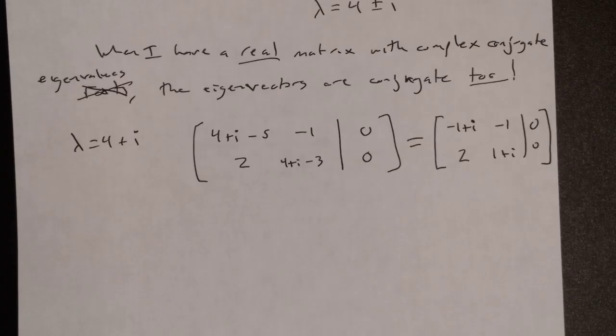This only works in the 2 by 2 case. If it's 3 by 3, I'm in deep trouble. But if it's 3 by 3 and I give you this as homework, I expect you to be doing this on Wolfram Alpha.